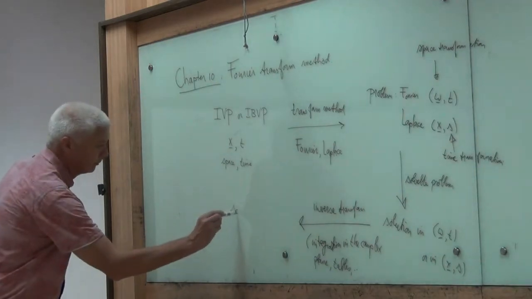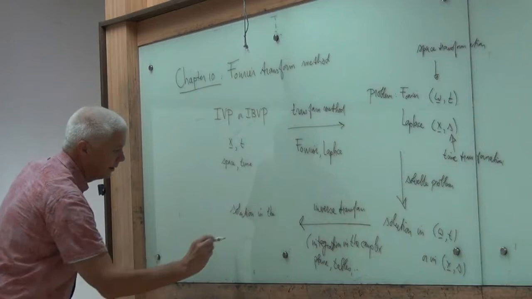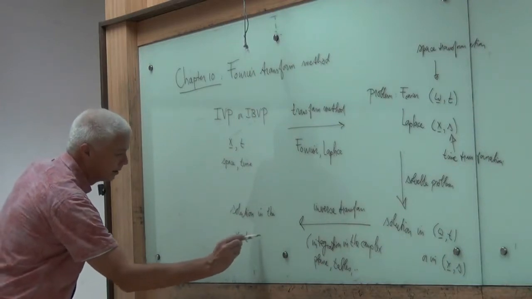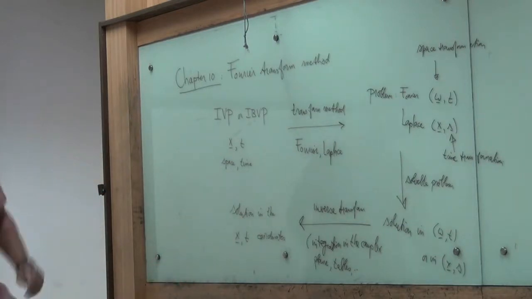And what you then find is your solution in the x, t coordinates. And there are more transformations, Hankel transformations, yeah? But essentially they are doing this. So they transform to a new problem with new variables, then you can solve the problem, and then you have to apply the inverse. Yeah? So it's a simple idea of the methods.